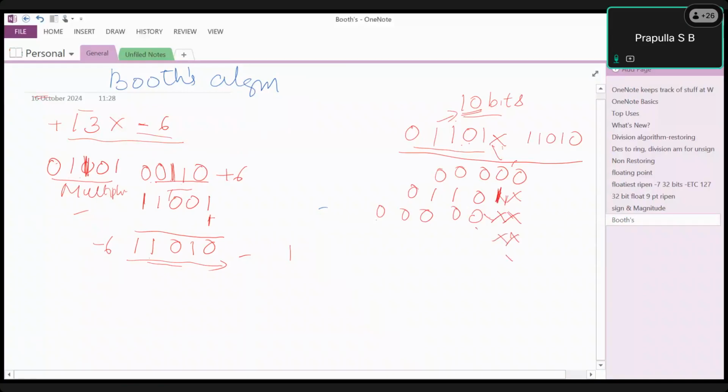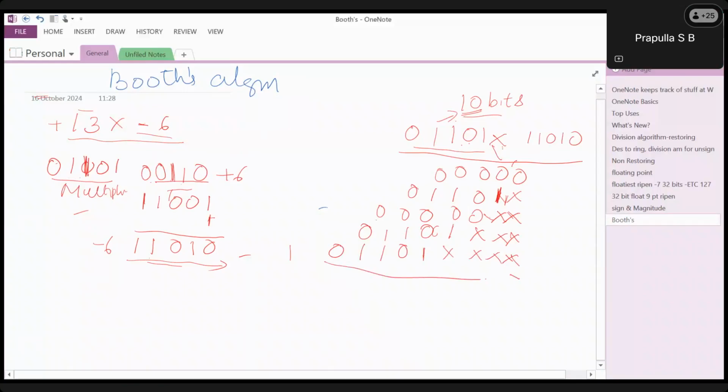When I shift by 3 bits, the multiplier is 1, so it is 1 0 1 1 0. Then shift by 4 bits, and because it is 1 again, it will be 1 0 1 1 0.